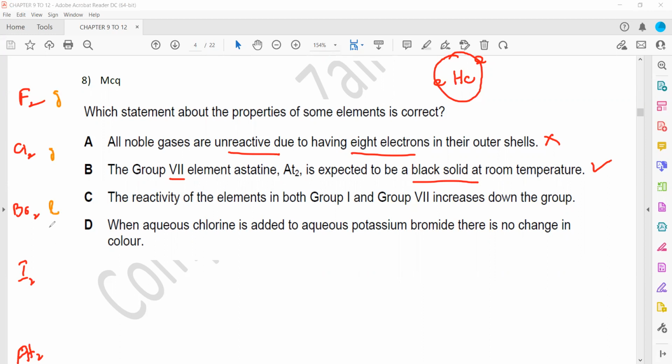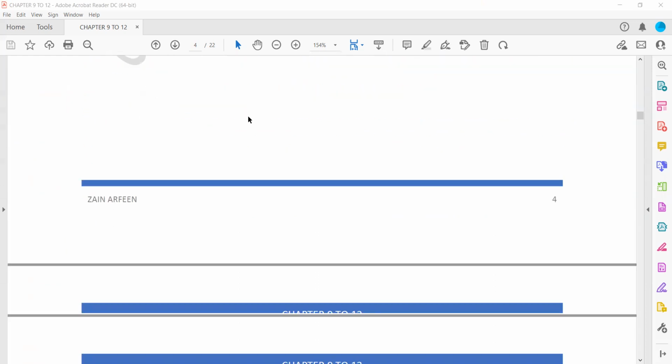Bromine is a reddish brown liquid, and iodine is a solid. So gas, liquid, and solid. So the melting point increases, and the substance becomes solid as we go down group 7. So for group 7, melting point increases as we go down, whereas for group 1, the melting point decreases as we go down.